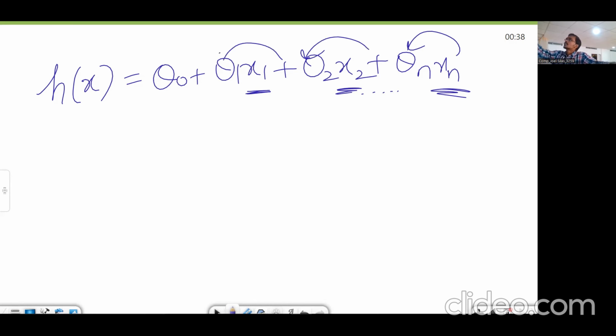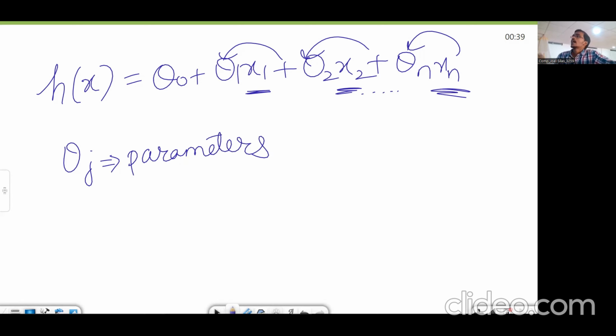Each time a variable is multiplied with the corresponding parameter or coefficient. These thetas are called parameters, and these are the features.